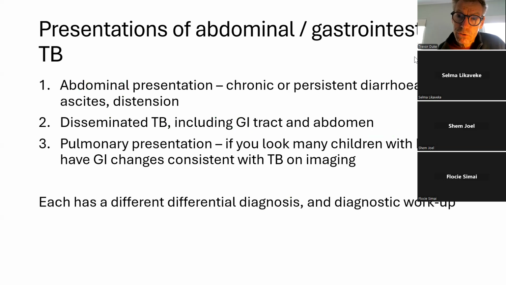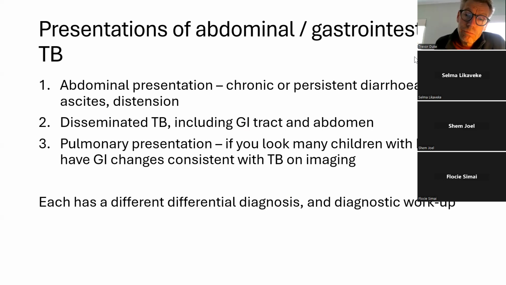So let's first of all go back to the clinical presentation of abdominal tuberculosis. Sometimes when we think of abdominal tuberculosis, we only think of it in terms of having ascites, particularly abdominal distension and ascites. We forget perhaps that abdominal tuberculosis is also gastrointestinal tract tuberculosis, involving the gastrointestinal tract as well as the peritoneal cavity.